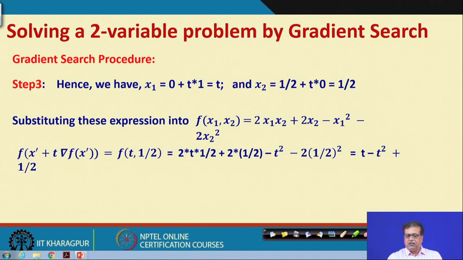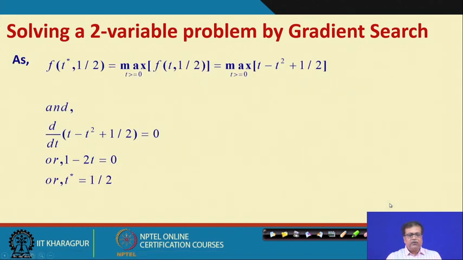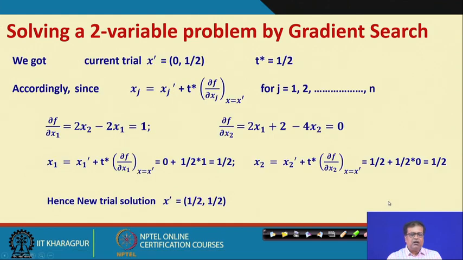With this functional value, we maximize it, and if you differentiate again, then we find t star equal to half. What is the significance of this t star equal to half? This was our current trial x dash, 0 and half, t star is half.